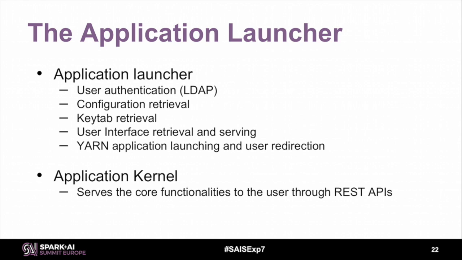The second one is the configuration and binary version retrieval. So the user can say, I want to start my binary version 0.15 with this configuration. And at that point, based on the user, the launcher takes care of retrieving the specific keytab for that user, for that group.